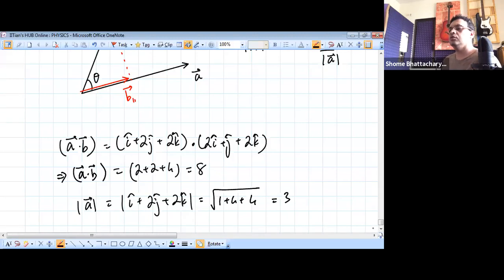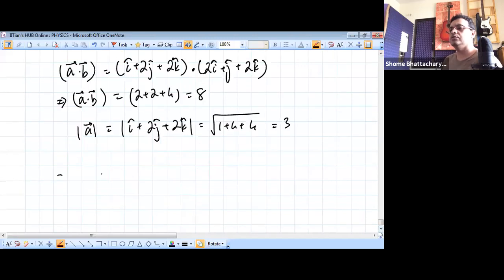So the component of B along A has a magnitude which will become A dot B divided by mod A, or B cos theta.